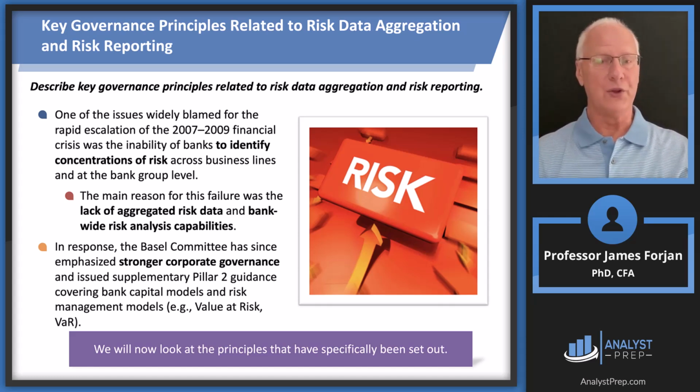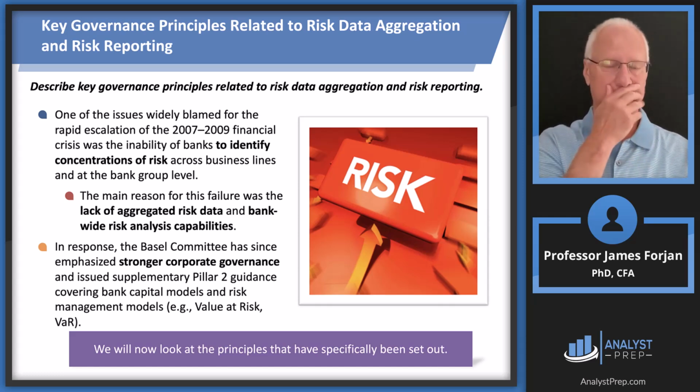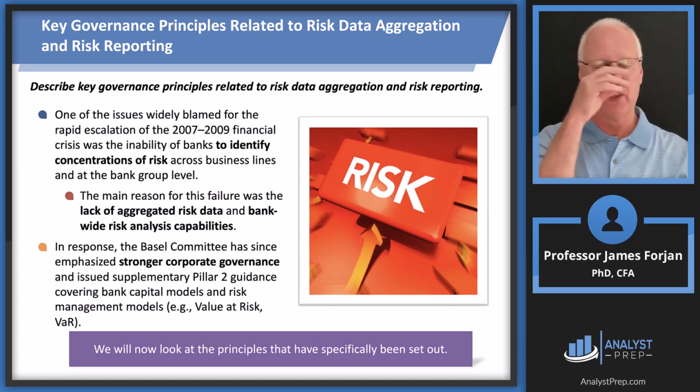Now, I'll also warn you that there are two chapters at the end of this section on historical risk events. So if you look at that middle teardrop point, main reason for the failure: lack of aggregated risk data and bank-wide risk analysis capabilities.